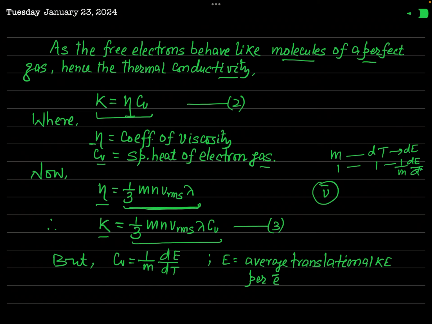According to the definition of specific heat, this is the value of specific heat. So Cv is defined as 1/m dE by dT. In the expression of K defined in equation 3, you can replace this Cv by this expression.